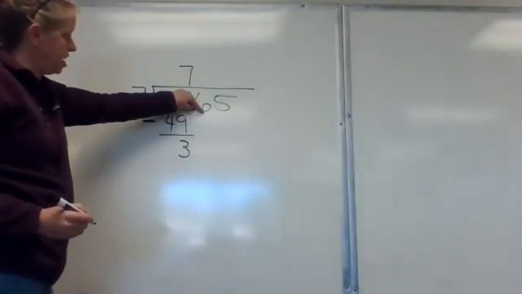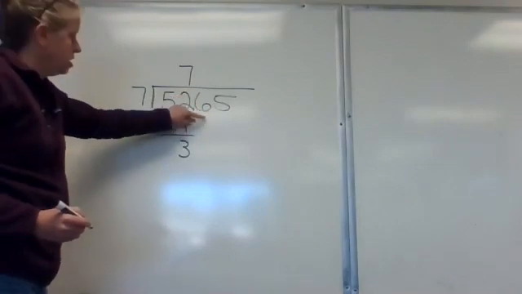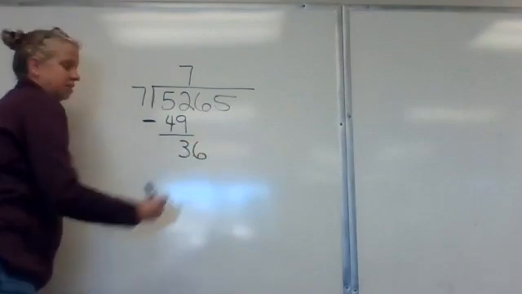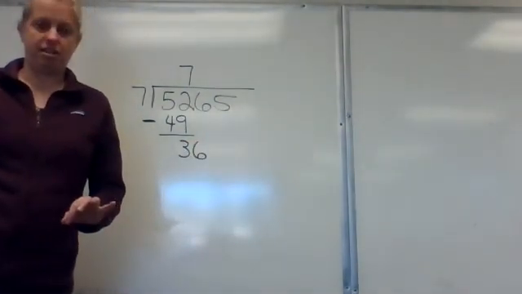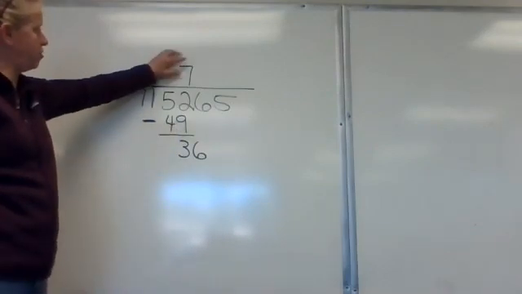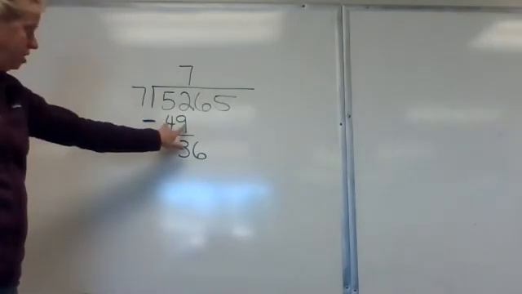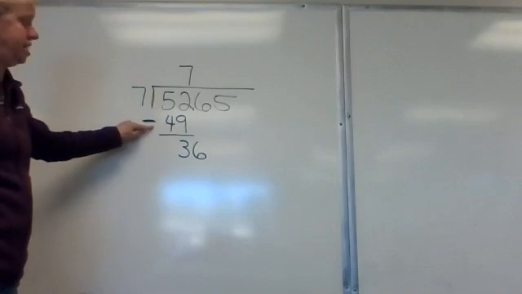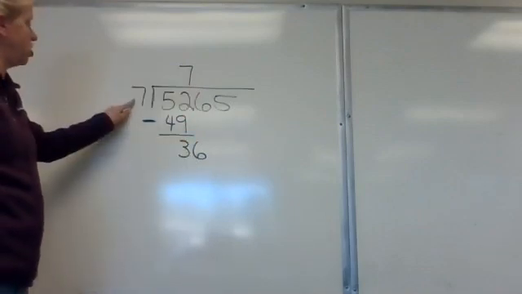Then you brought down the next number, the 6, and started the process all over again: multiply, put your answer here, subtract, and drop down the next number.